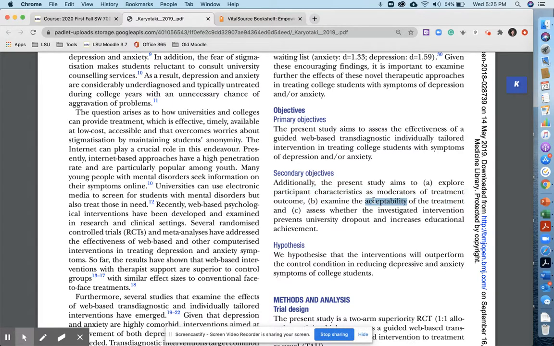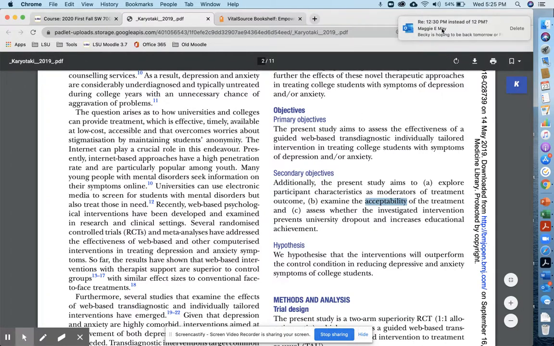They also want to examine acceptability. Acceptability is basically another word for satisfaction. The authors actually even use a satisfaction scale to measure this. And this is just how happy the participants were with the treatment.